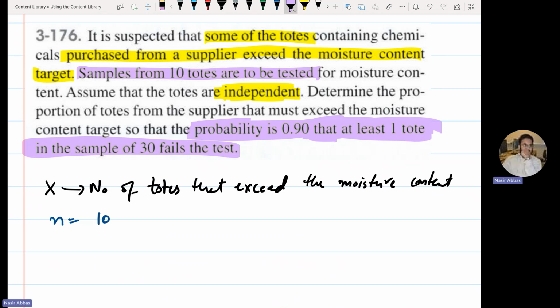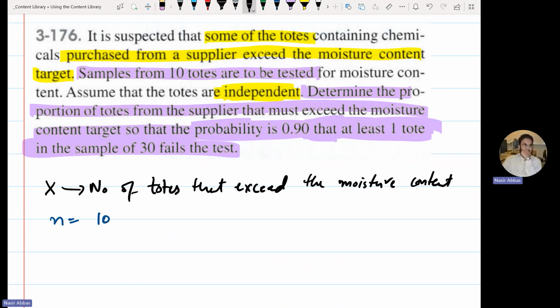Read the highlighted information and see what is required, what is given in terms of X. I already defined X for you. The key is all here. When X has a binomial distribution, what are the two values in binomial distribution that you need to solve any question?